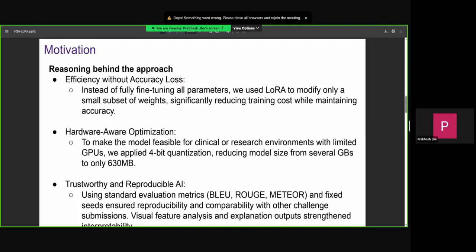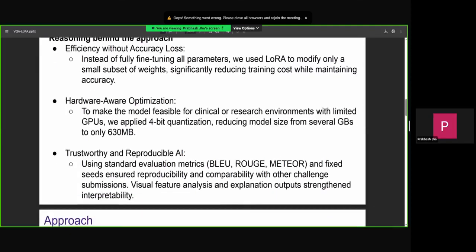With limited GPUs, we applied 4-bit quantization, reducing model size from several GBs to only 630 MB. Using standard evaluation metrics and a fixed seed ensured reproducibility and compatibility with other challenges and submissions. Visual feature analysis and explanation outputs strengthened interpretability.